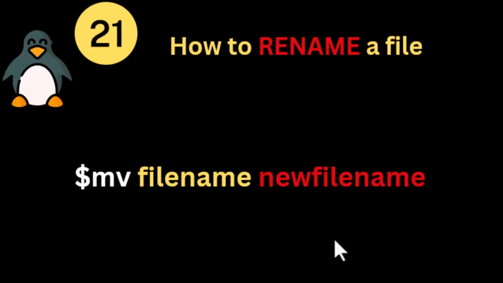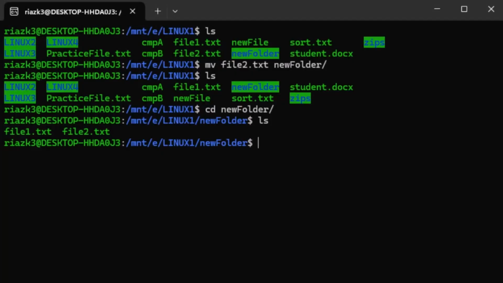Again, coming back to my terminal, here we have file 1, file 2. Let's rename this file 2: mv, then file2.txt, and let's rename it as new name. So this is going to rename this file to new name.